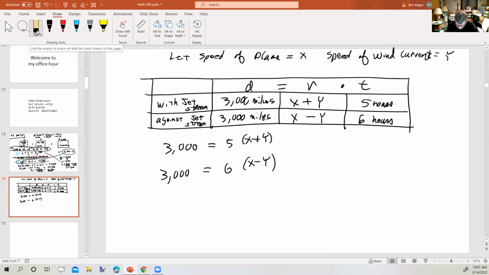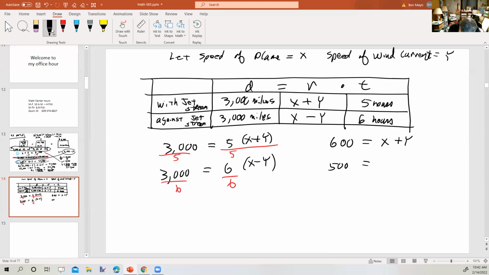And in fact, to make life easier, here's what I'm going to do. I'm going to take the top equation and divide both sides by 5. That's going to give me 600 equals x plus y. I'm going to take the bottom equation and divide both sides by 6. That's going to give me 500 equals x minus y.